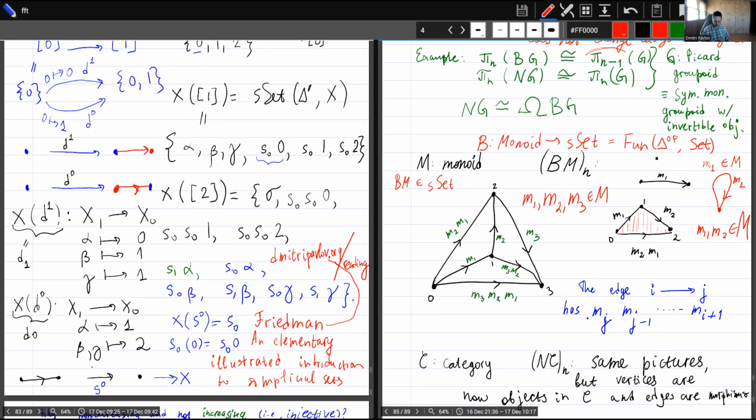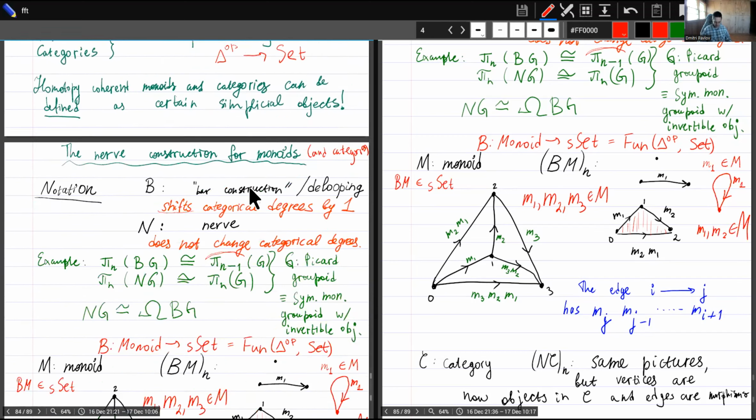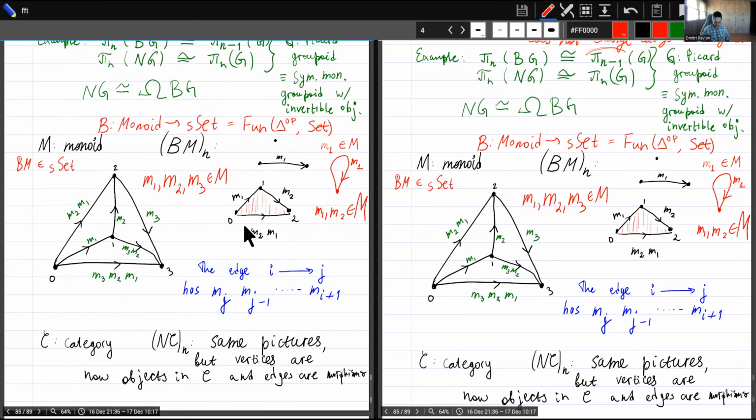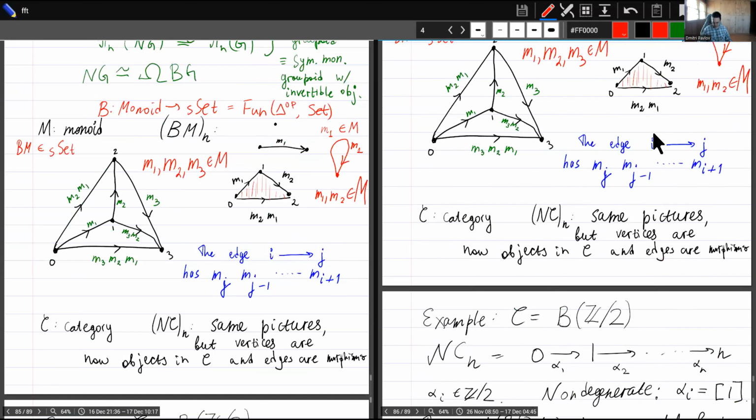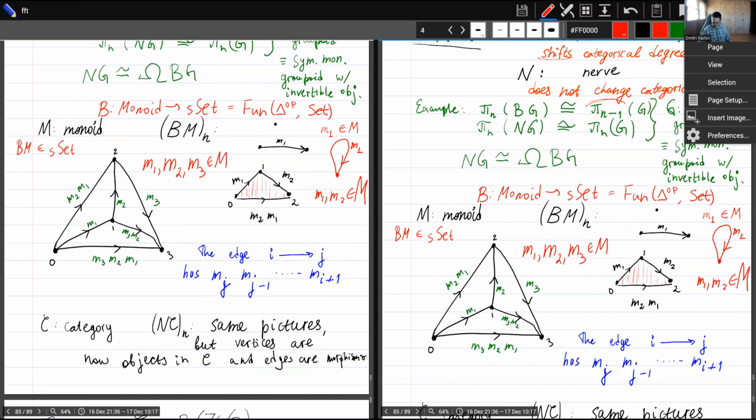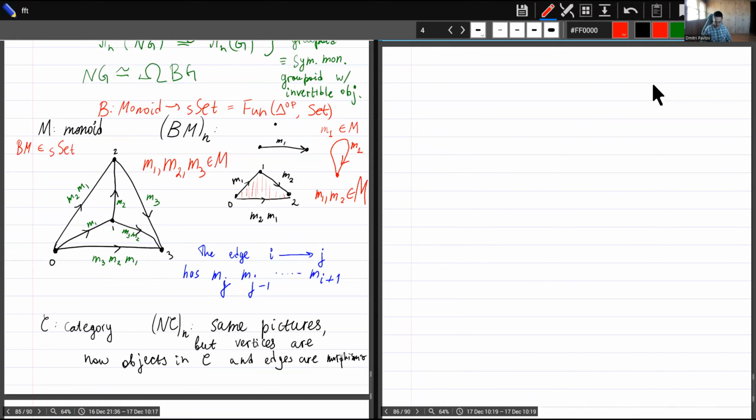Let me draw maybe a picture. I think I did mention an example, but I didn't draw a picture. So let me draw a picture for you guys. So let's pick some of the simplest possible monoids.